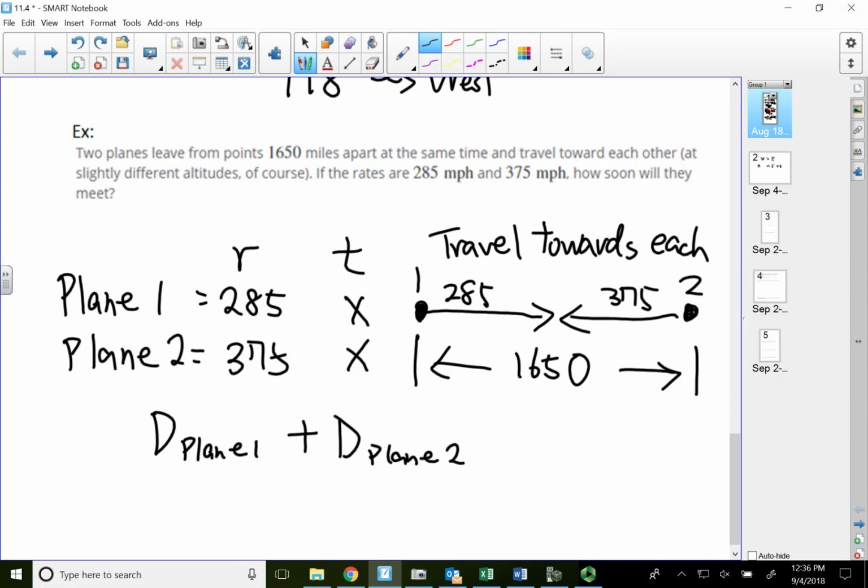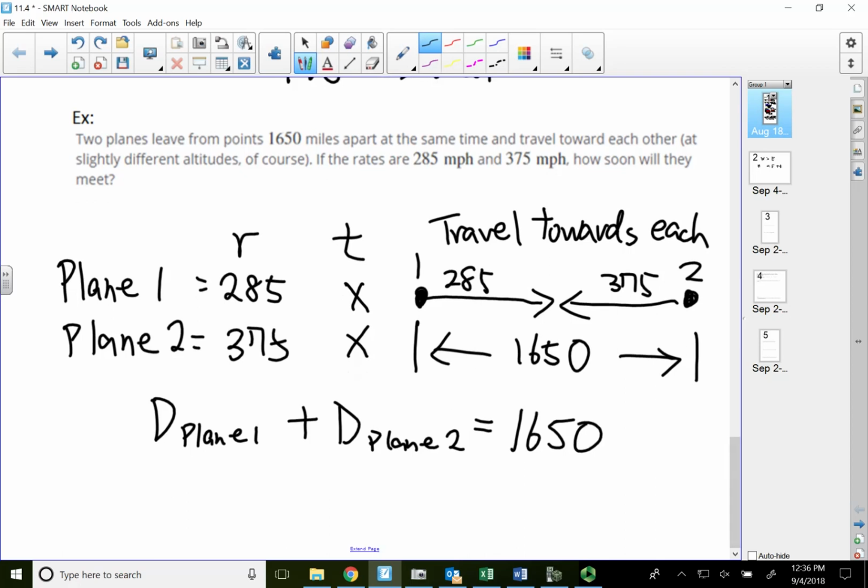But once they meet, the two planes have covered a total of 1650. Okay, that's the idea. So again, rate times time to find the distance for each one. That's 285 times x plus 375 times x equal to 1650.